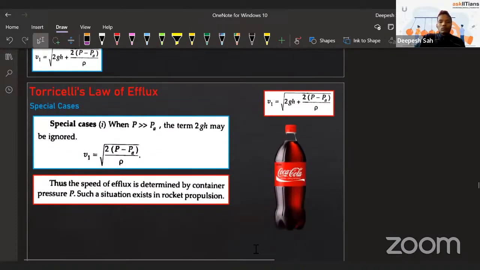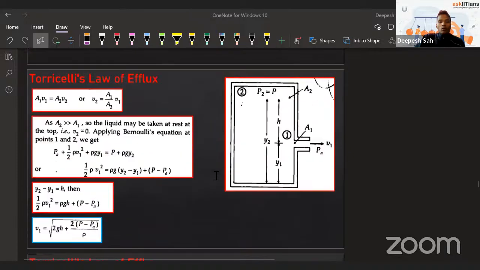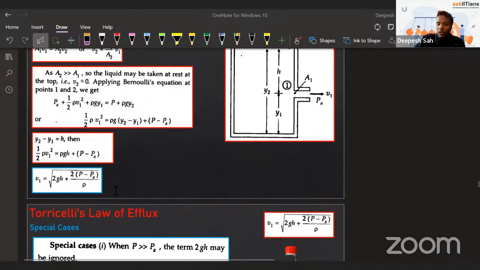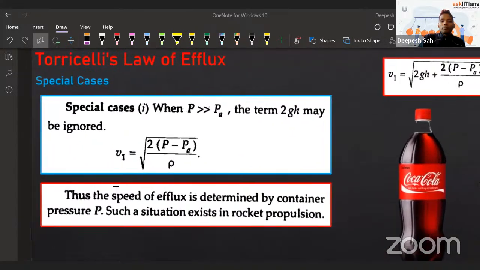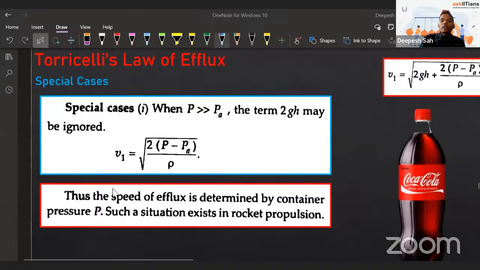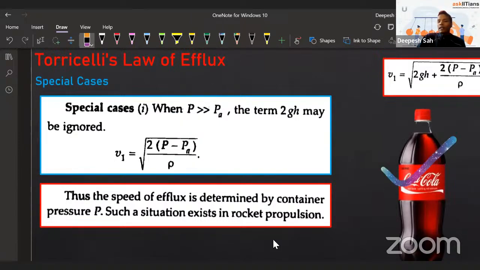So now I will use this particular formula in multiple situations. How? Imagine a situation where P is very much greater than PA. Can you think of an example? This one. Although I may be exaggerating it, this is a good example.